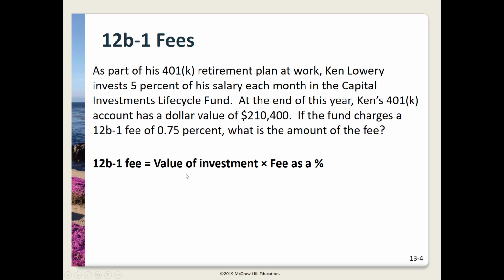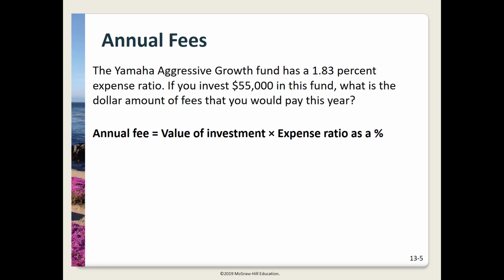So here's our formula. We'll take our investment and we'll multiply it by the fee as a percentage. So taking the $210,400 and multiplying it by our 0.75%, I'll rewrite that into decimal format, and I'll multiply our investment by 0.0075, and we get $1,578 for our fees. Let's look at annual fees.